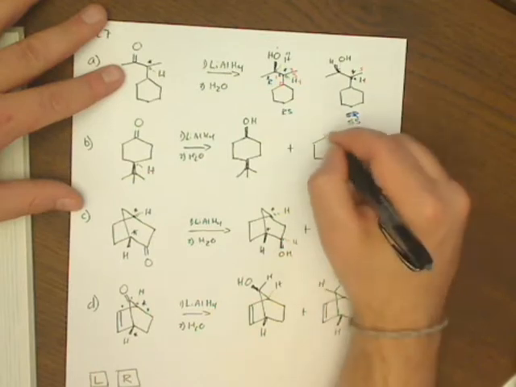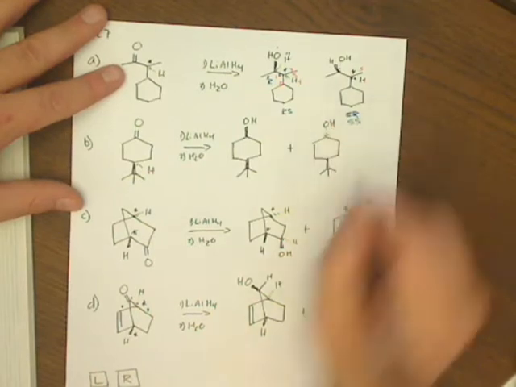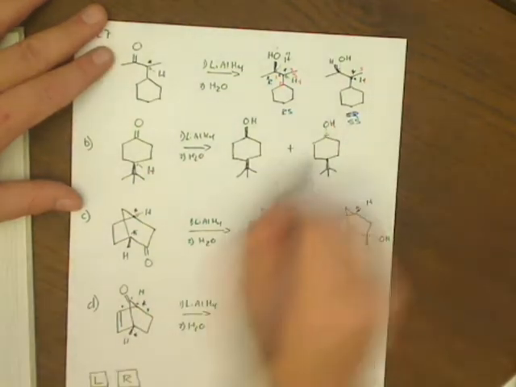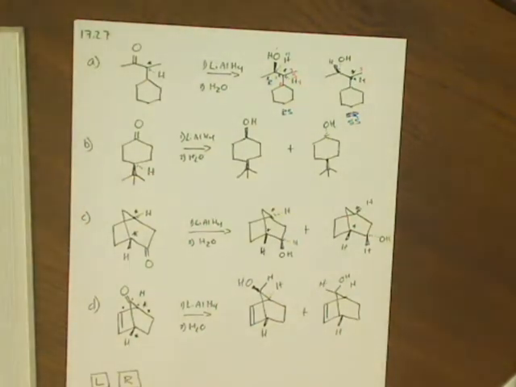They are not chiral, but they do have different chemical and physical properties. Therefore, they are diastereoisomers. This is a case of non-chiral molecules being diastereomers of one another. And that's problem 17.27.